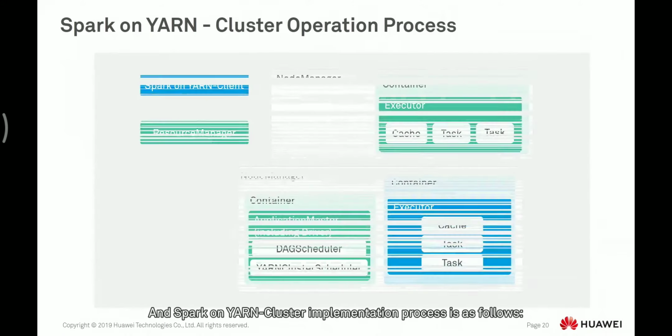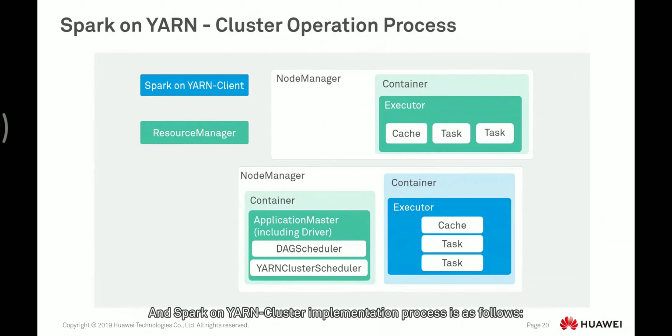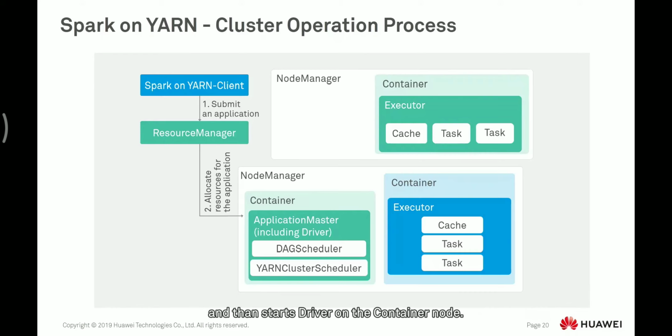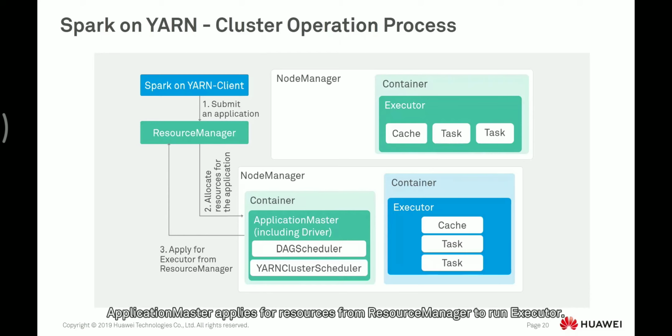And the Spark on Yarn cluster implementation process is as follows. Client first generates the application information and then sends the information to Resource Manager. The Resource Manager allocates a container to the Spark application and then starts Driver on the container node. After that, Application Master applies for resources from Resource Manager to run Executor.